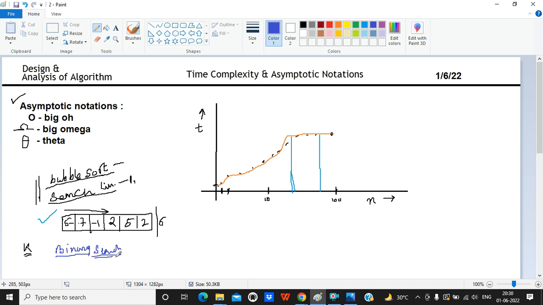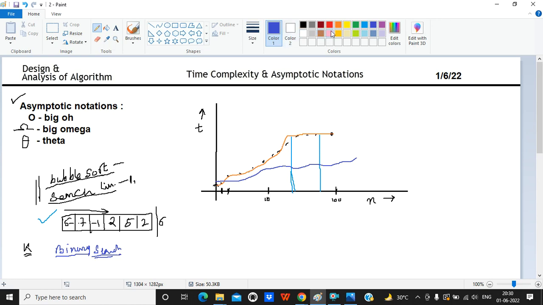In the binary search, maybe this array needs to be sorted. Okay, no problem, we have a sorted array. And if we plot the binary search, maybe we will find that the graph takes comparatively less time. It may look something like this. I'm just assuming.